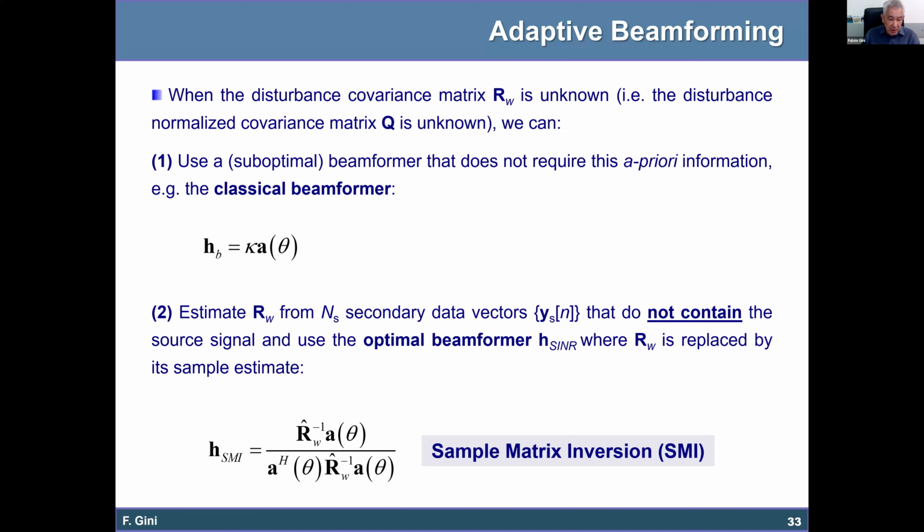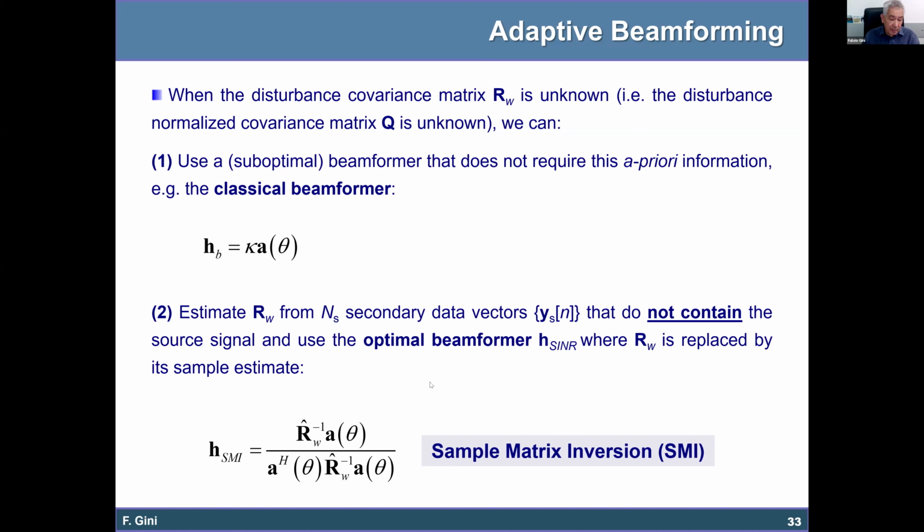If we have the possibility to collect a given number NS of secondary data vectors that contain only disturbance, so do not contain the signal of interest, for example from adjacent range cells, we can use the optimal beamformer, and we can obtain an adaptive version of the optimal beamformer, replacing RW with the sample covariance estimate.